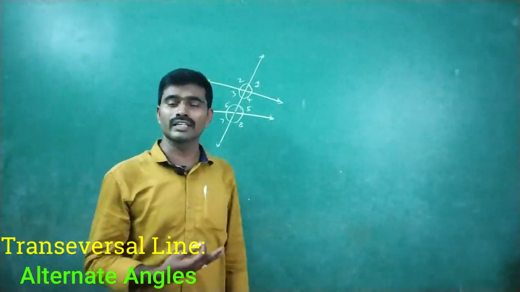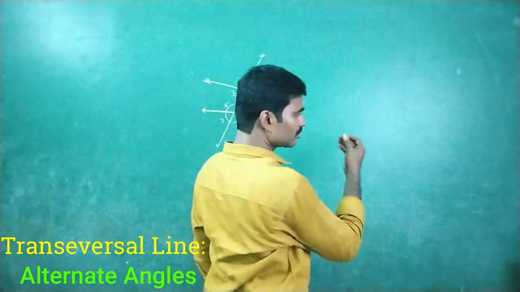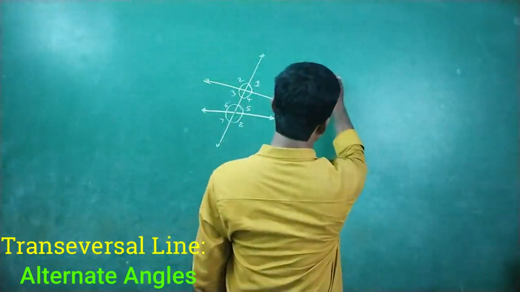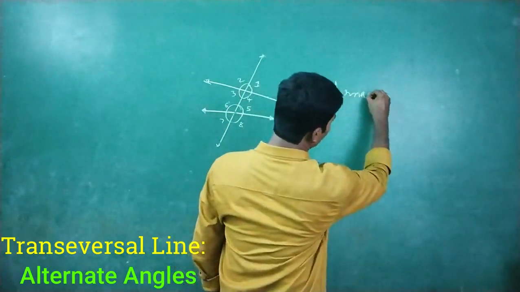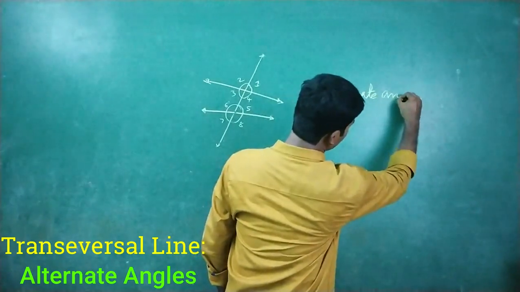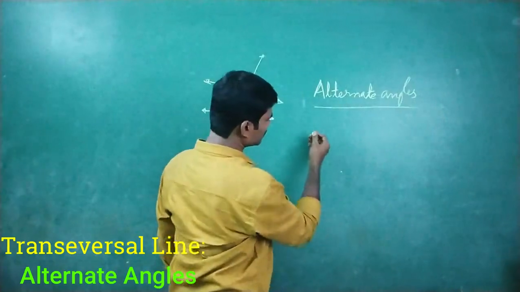Some are alternate exterior angles, some are alternate interior angles. So, we go to the properties of alternate angles. What are the properties of alternate angles?